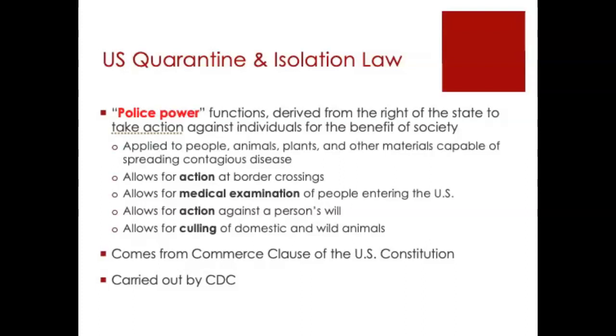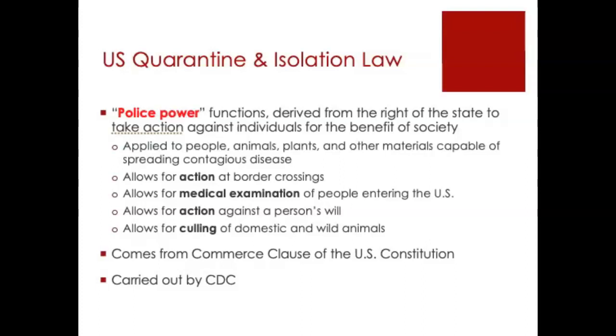So, in other words, the state has the right to restrict the activity of and restrict the freedoms of people and animals and plants and all kinds of other materials that are capable of spreading disease in a population.